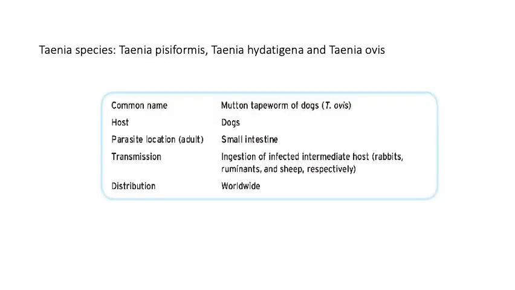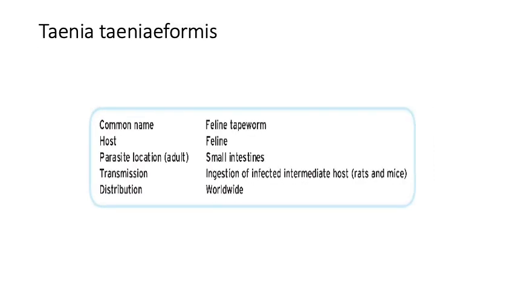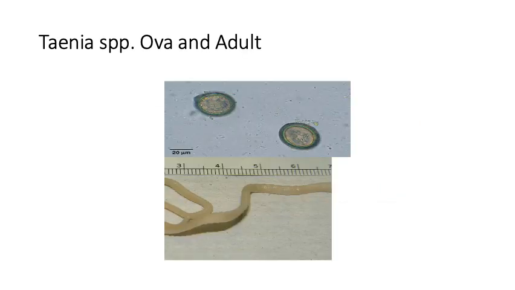Next are the Taenia species infecting the dogs. Another species of Taenia is Taenia taeniaeformis, infecting the feline. These are the pictures of Taenia species above the ova, which is characterized by radially striated shell, and the adult form below.